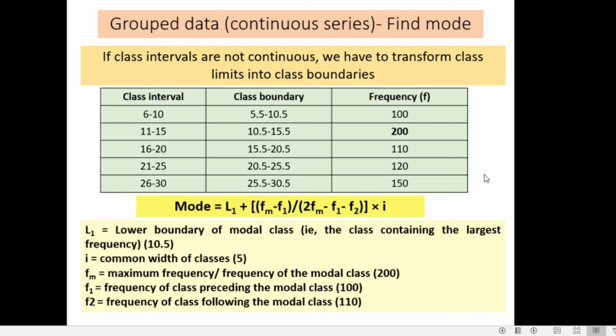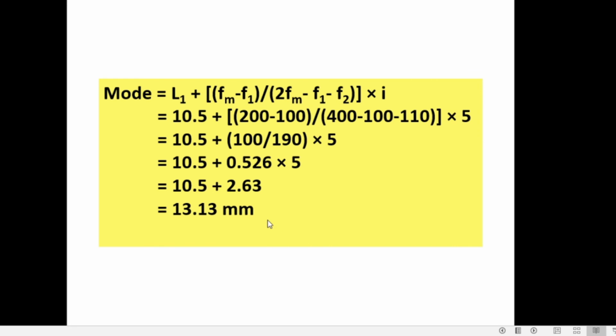Now we will apply this formula. Mode is equal to L1 plus (Fm minus F1) by (2Fm minus F1 minus F2) into I. L1 is equal to 10.5. Fm was 200, F1 was 100, the frequency preceding 200.